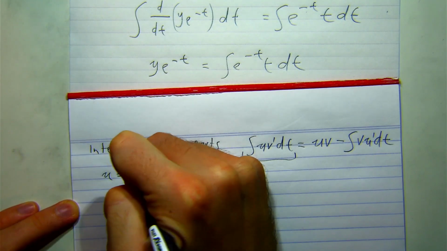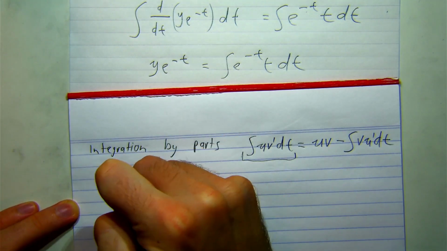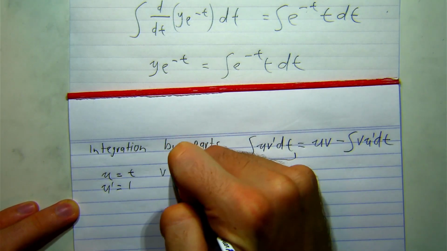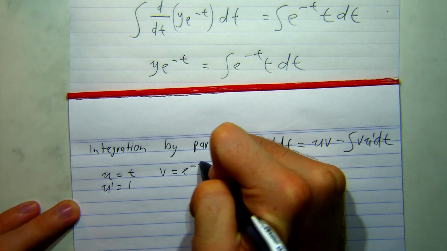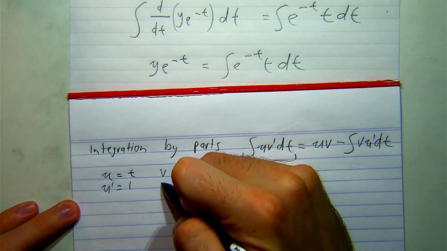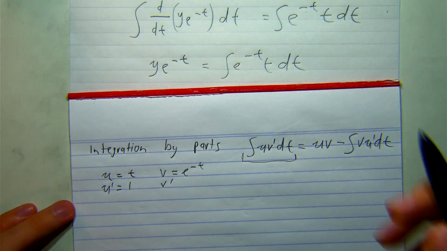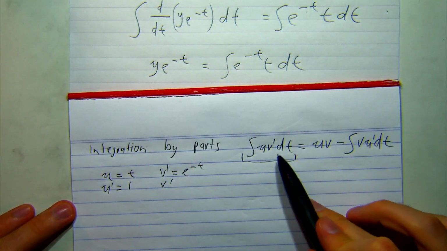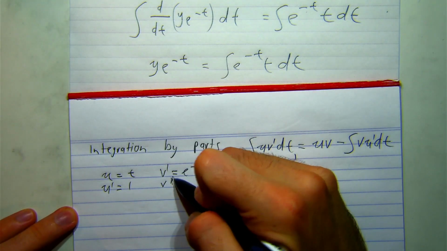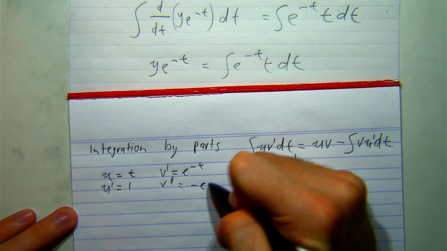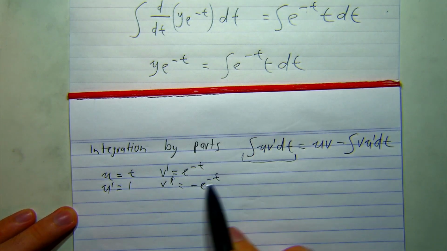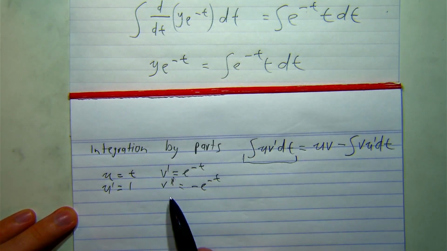Okay, so u is going to be t, u dash then is 1, v dash is e to the minus t, and so v is going to be minus e to the minus t. That way when you differentiate it down, it gets rid of the negative. Yep, that's good.